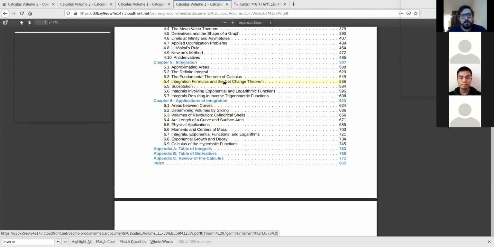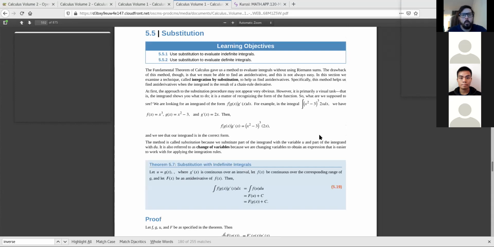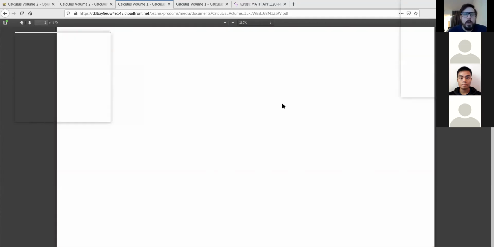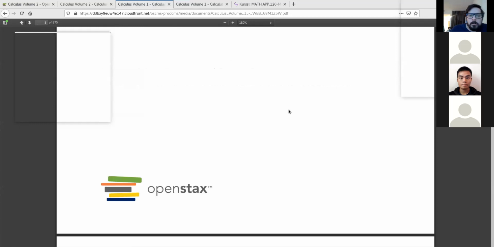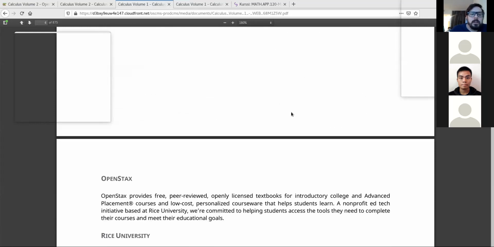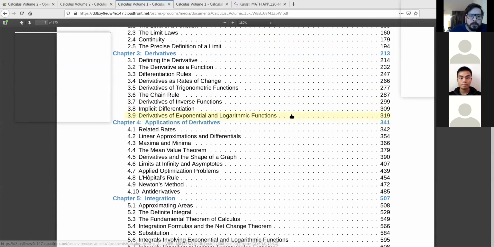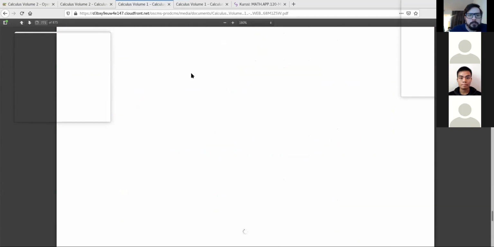Here are some integration techniques that we will look at now. One technique: when we have something simple inside the integral, we can consult the table of integrals, which I will open here.